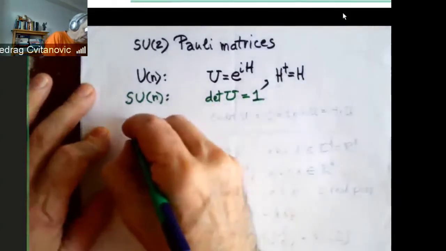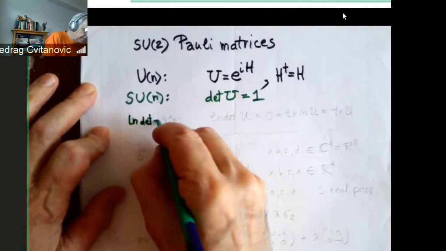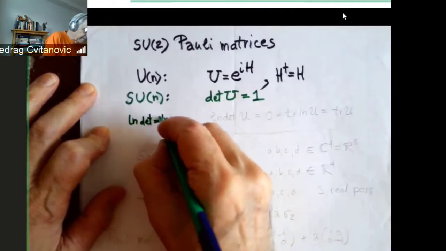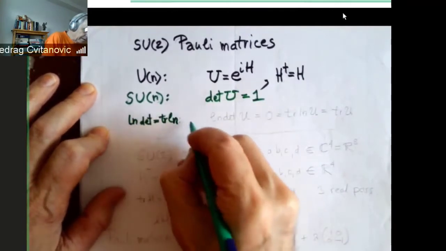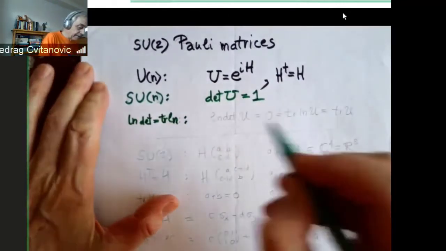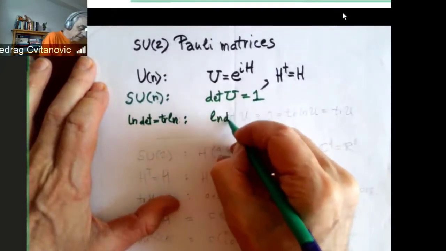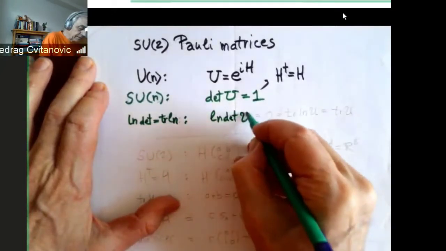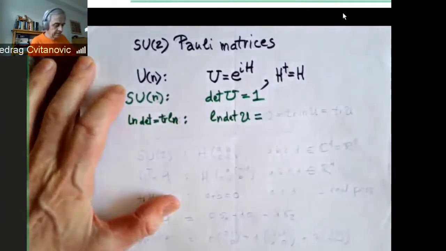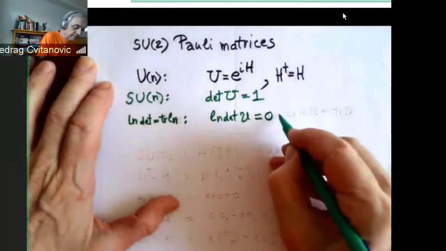And if you remember that log of determinant equals trace of log for any matrix, no special properties required, then the logarithm of the determinant of a unitary matrix, the determinant is 1, the logarithm of 1 is 0.